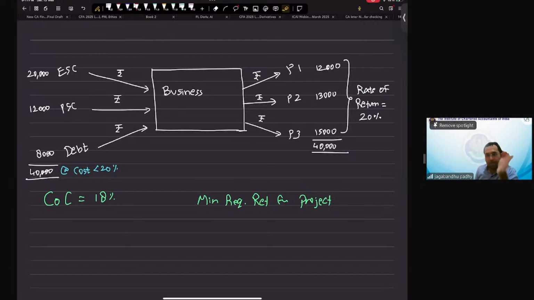So the primary focus is, before we go for selecting the project, we should know what the cost of capital is. Because unless we know the cost of capital, we may not be able to decide which project should be accepted. For example, say you don't know anything of this, and you have in front of you 4 projects.